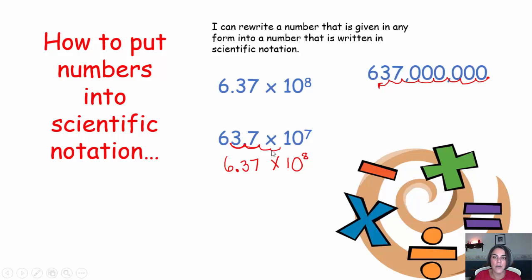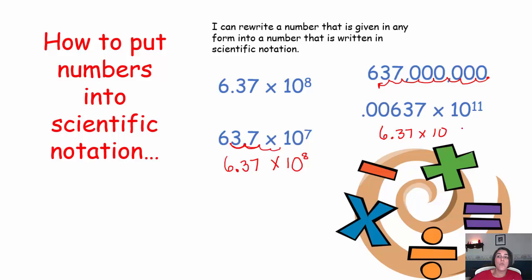All right, let's take a look at another one. And again, we're going to give you strategies tonight. So if I look at this number, 0.00637 times 10 to the 11th, I know this is not yet in scientific notation, and it's because of that first factor again. That first factor isn't between 1 and 10. So I'd say, oh goodness, I need to put this between 1 and 10. 6.37 times 10 to some power.